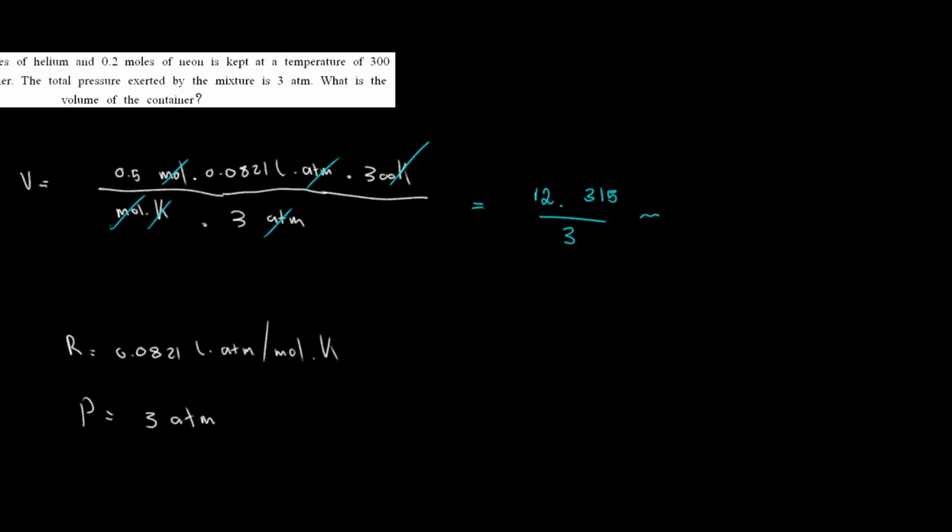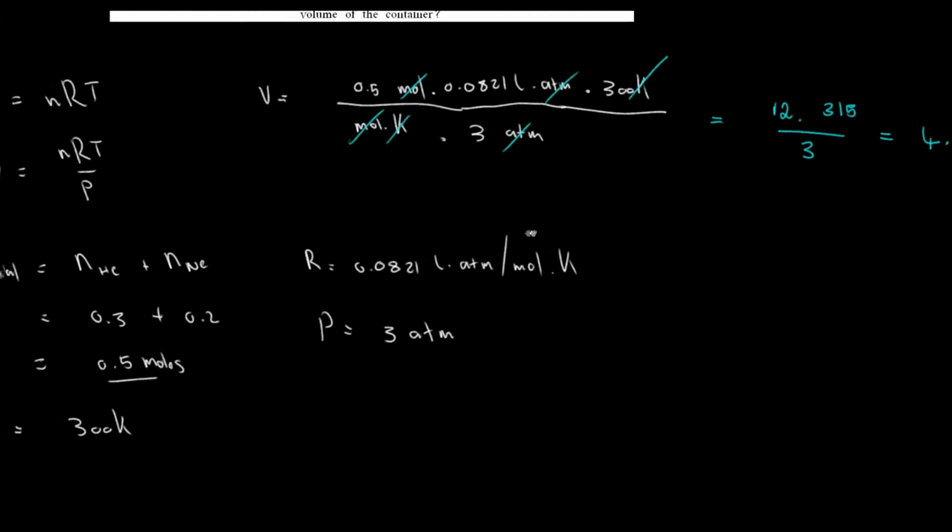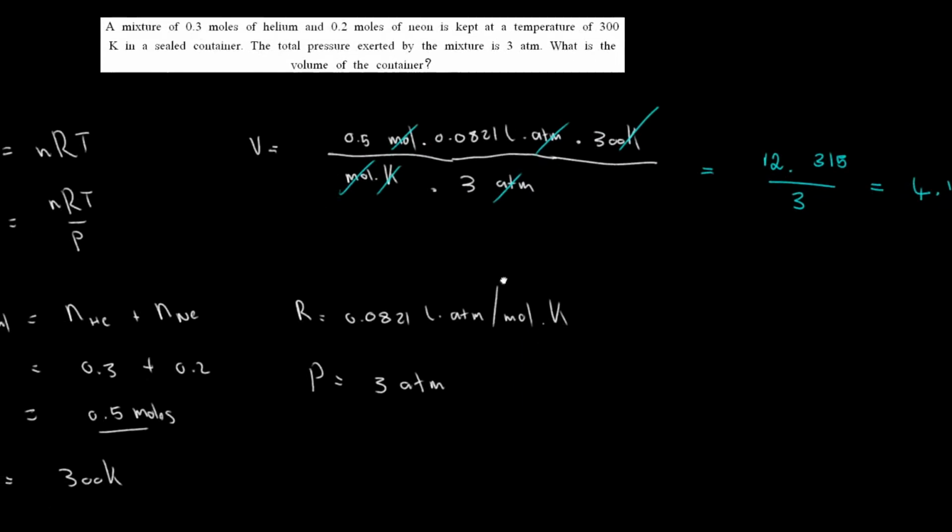Let's see if we can actually get an exact value over here. That gives me, oh, I don't need to write approximately because I can get an exact value. Okay, so it's exactly 4.105 liters. So my container can hold a volume of 4.105 liters.